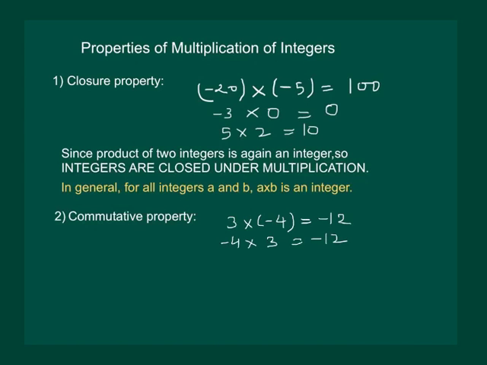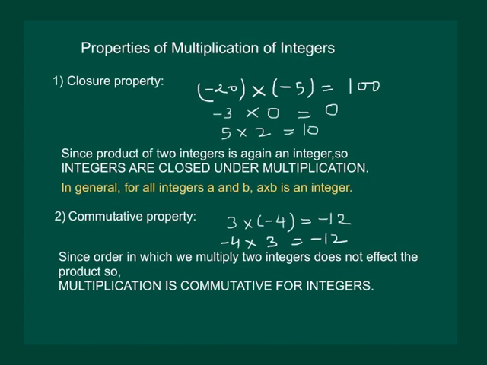That means the order in which we multiply doesn't matter. Hence, we can say that multiplication is commutative for integers. In general, for any two integers a and b, a multiplied by b is equal to b multiplied by a.